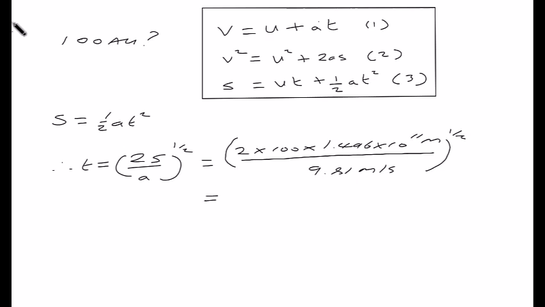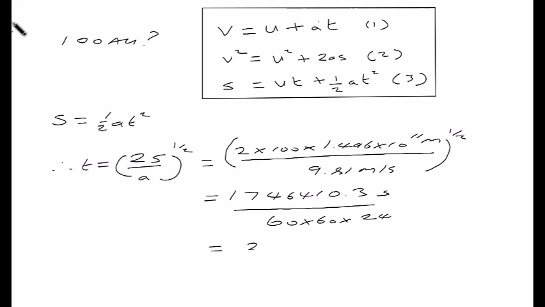And this comes out as 174,410.3 seconds. And if we divide that by 60 seconds times 60 minutes times 24 hours, we get an answer of 20.21 days. So that's when the spacecraft would reach 100 AU distance.